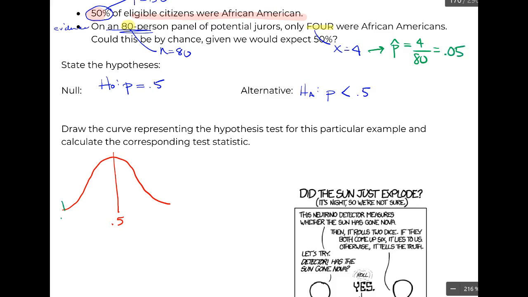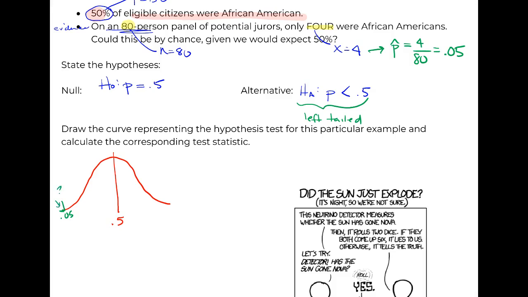So way, way, way off to the side. And remember, when we're talking about our p-values or our probabilities, we're thinking about things being more extreme than what we observed or following the direction of our alternative. And in this case, we have a left-tailed test. So we'd be looking at this area.